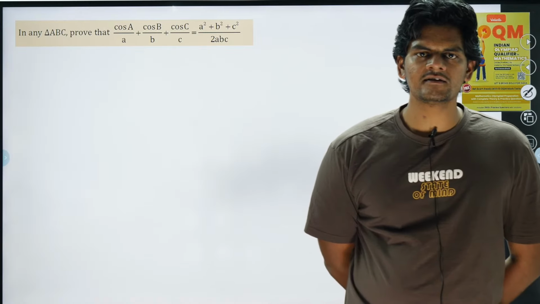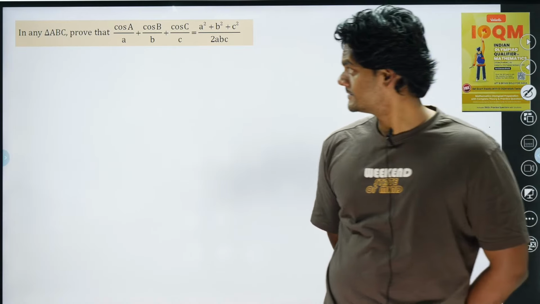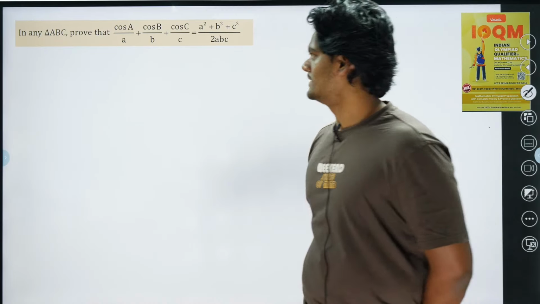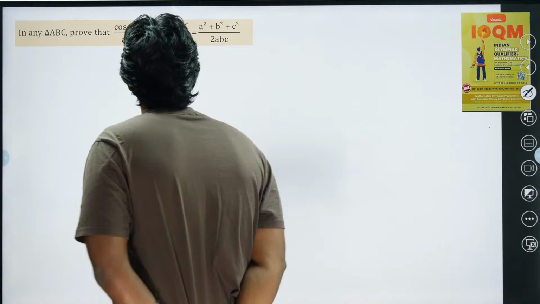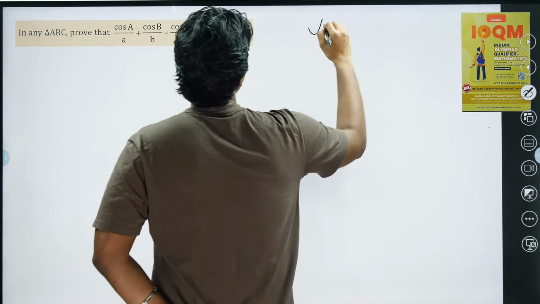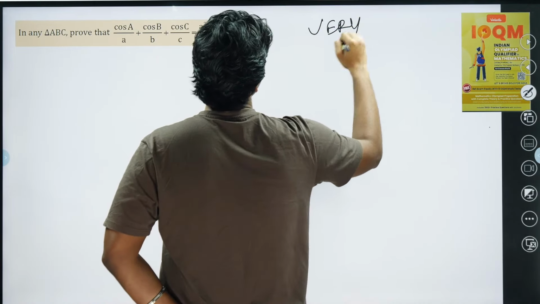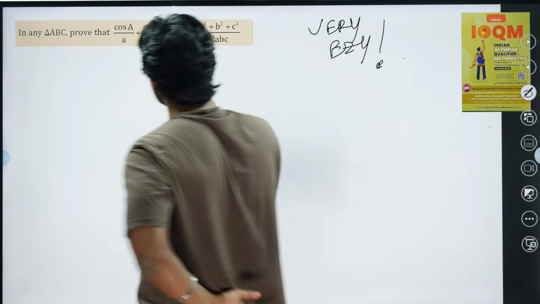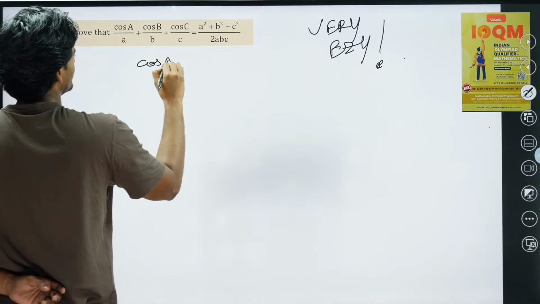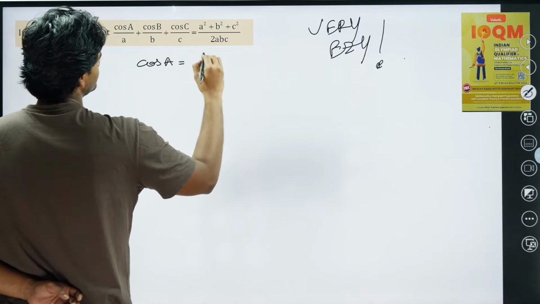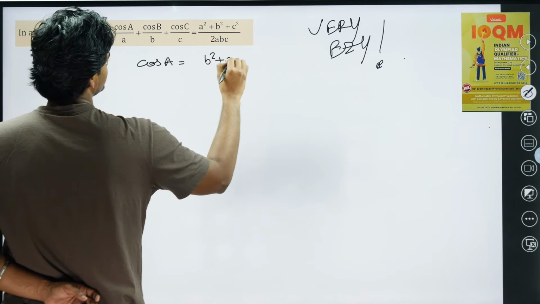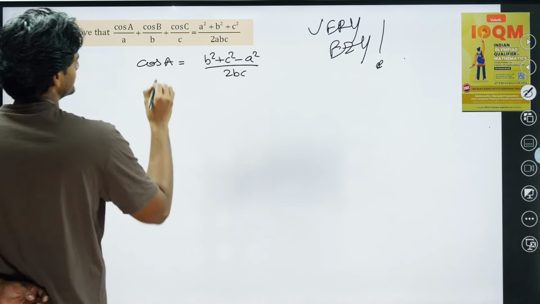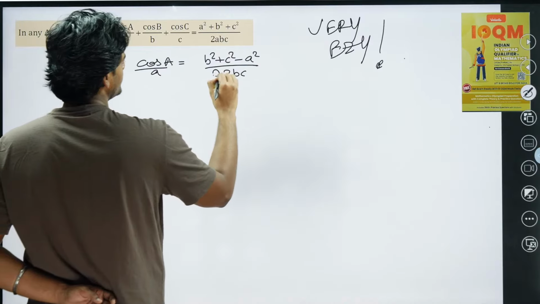What do we use here for this question, guys? Cosine rule. Yes. So it's very simple, very easy. You just need to know the cosine rule. Cos A happens to be (b square plus c square minus a square) by 2bc. So cos A by a happens to be that over 2abc.